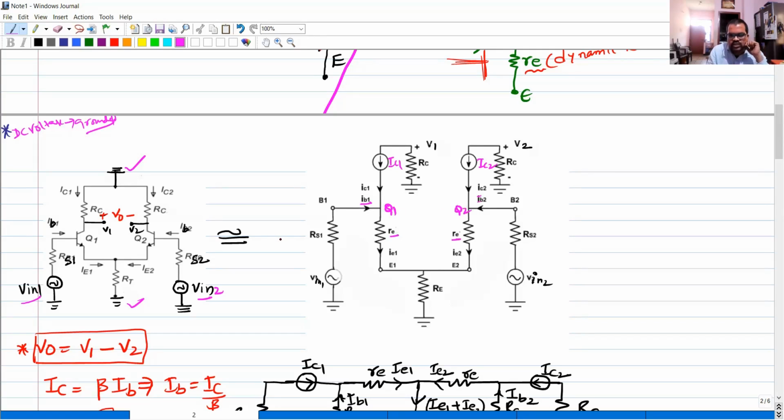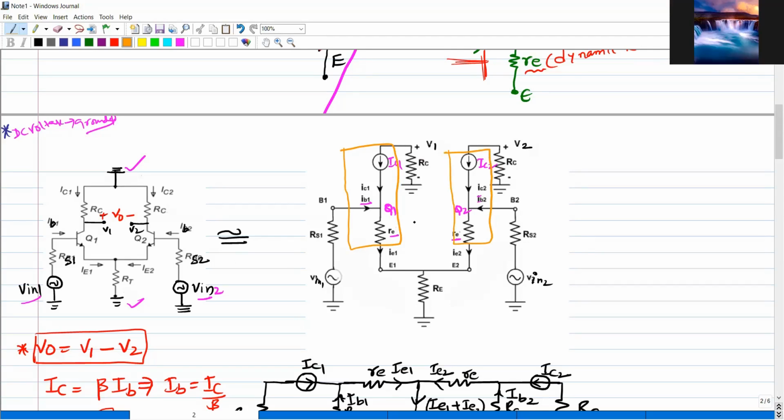This is the Q2 transistor. This is my T model. The Q1 as well as Q2 transistors are replaced with the T model. All of you following? Okay. Right.